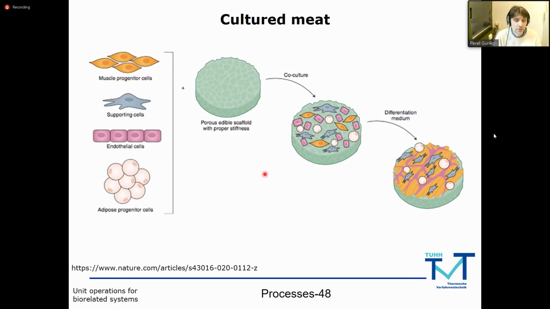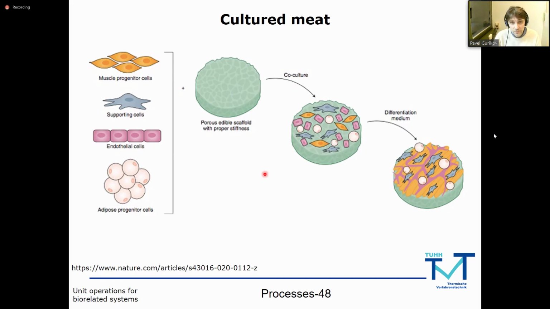This particular picture I'm taking from a very recent and very nice review in Nature Food. It tells us that to mimic meat it is not enough just to grow muscles. It is a relatively difficult task to grow muscle cells on a substrate which is also edible.